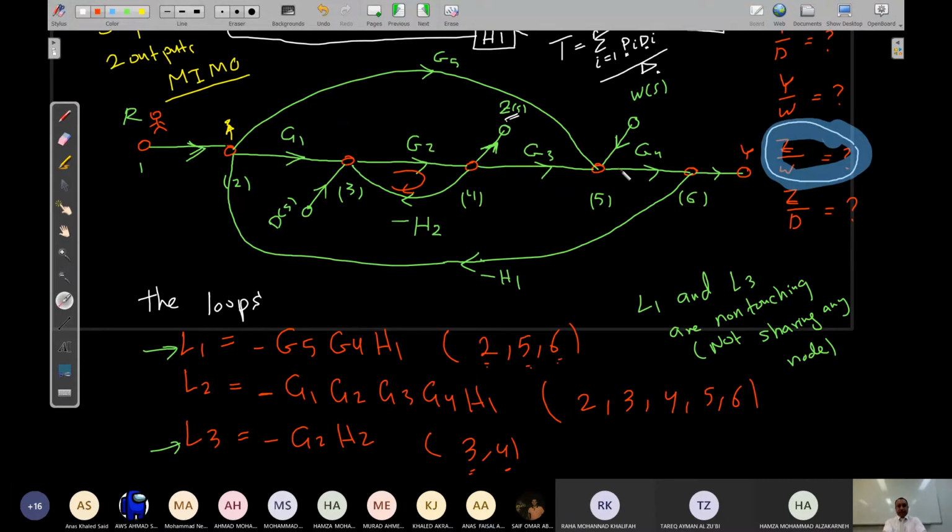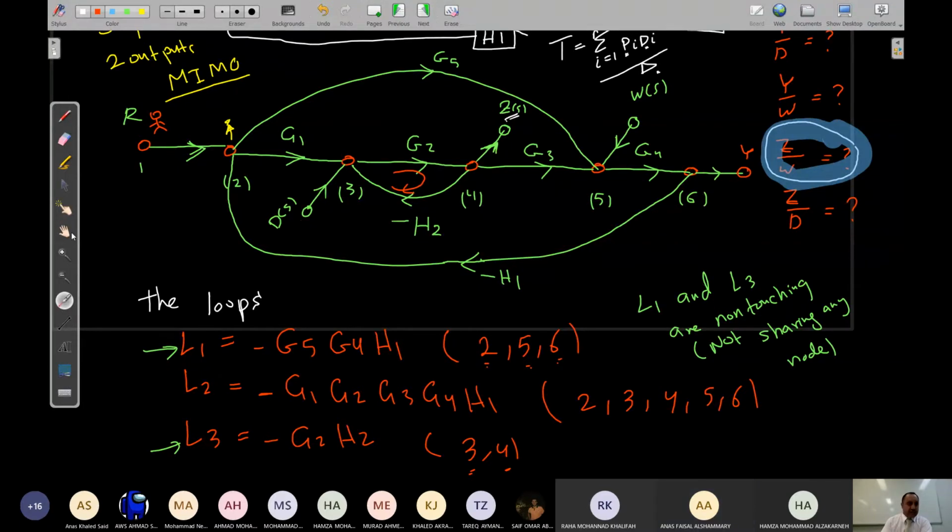The first one, G1, G2, G5, G4. The second one, G1, G2, G3, G4, correct?